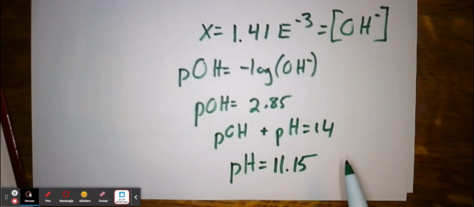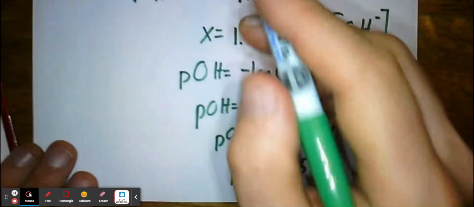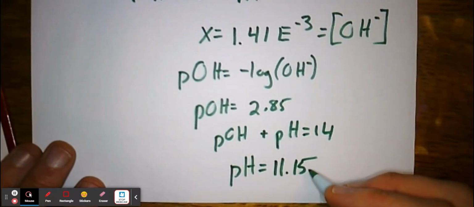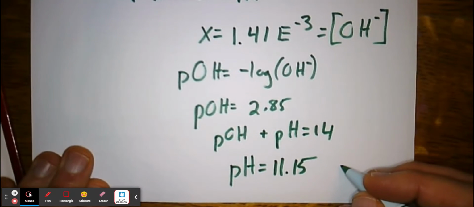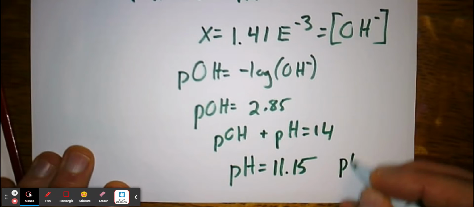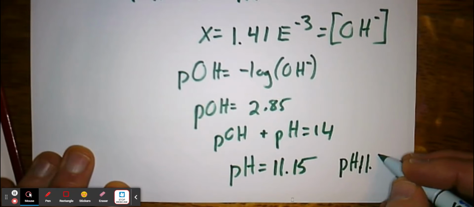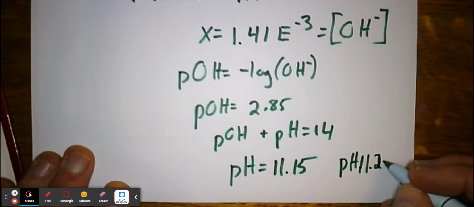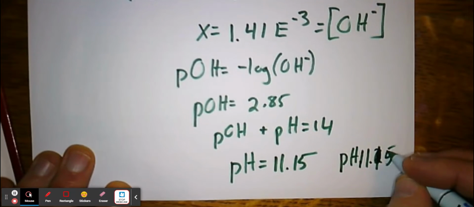All right. Now, how many sig figs do I need? I had a 0.1 molar solution, so I really should only have one sig fig. Sorry, I miswrote.